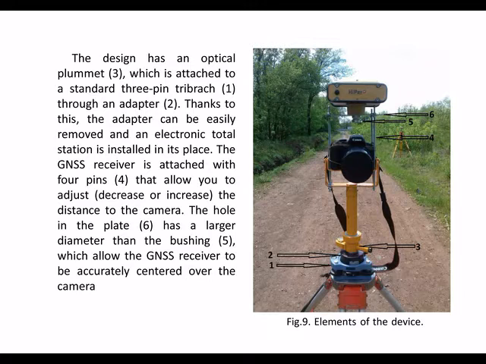The GNSS receiver is attached with 4 pins that allow you to adjust, decrease or increase the distance to the camera. The hole in the plate has a larger diameter than the bushing, which allows the GNSS receiver to be accurately centered over the camera.